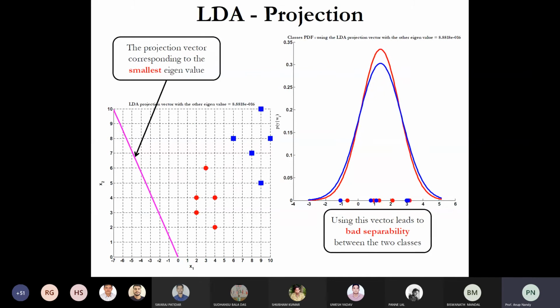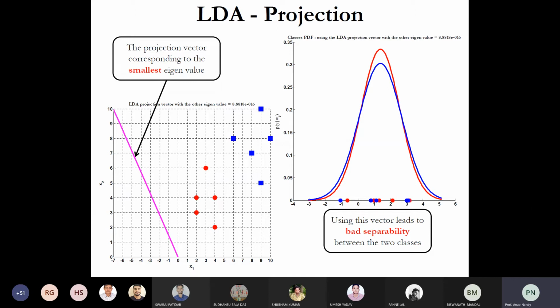Now the projection vector corresponding to the smallest eigenvalue, lambda 1 equal to 0, cannot give very good separability. Using this vector leads to bad separability between the two classes.